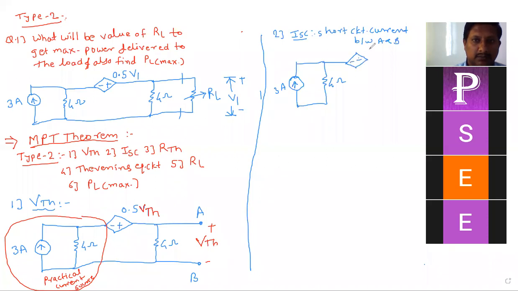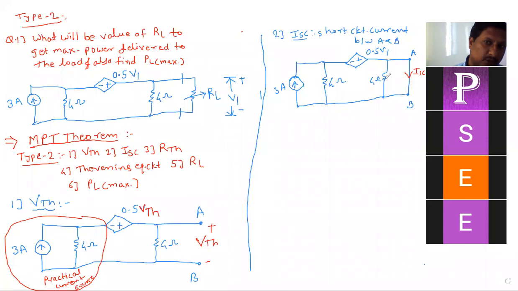This has a minus plus 0.5 V1. This is 4 ohm. Now we are shorting the A and B terminals, and we are going to find out the ISC. Now tell me what modifications will happen. This is ISC. What modifications will happen?